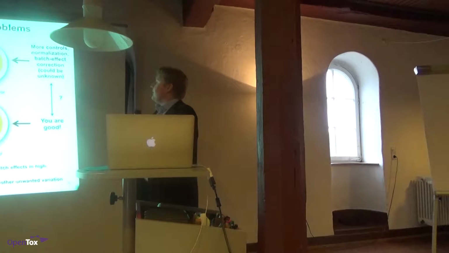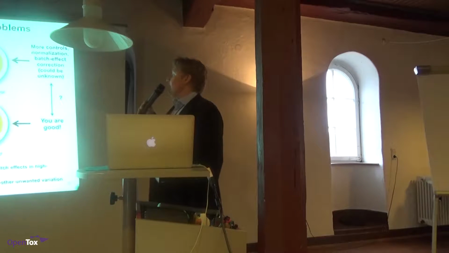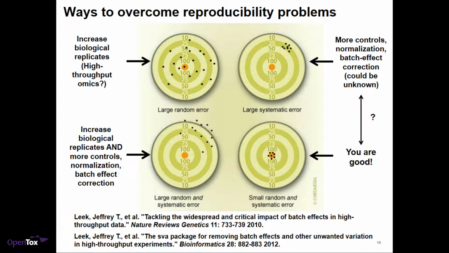So as a summary of that approach, if you have a situation where you have a large random error, then the only thing that you can really do is increase the amount of biological replication.